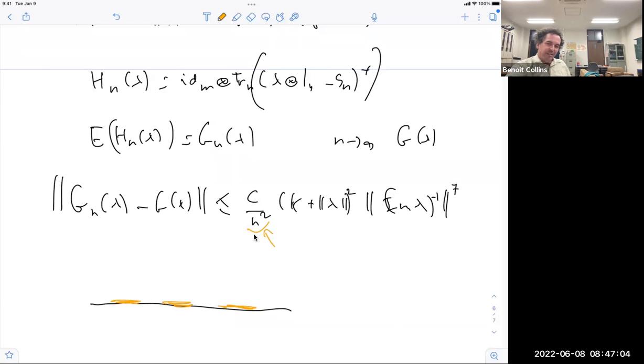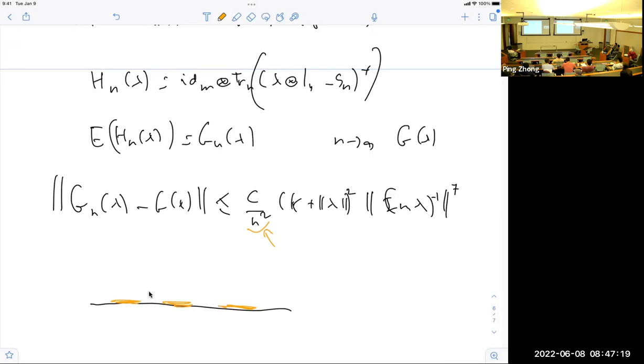So this estimate here shows that actually you cannot have eigenvalues away from the spectrum. I would say that's the idea.